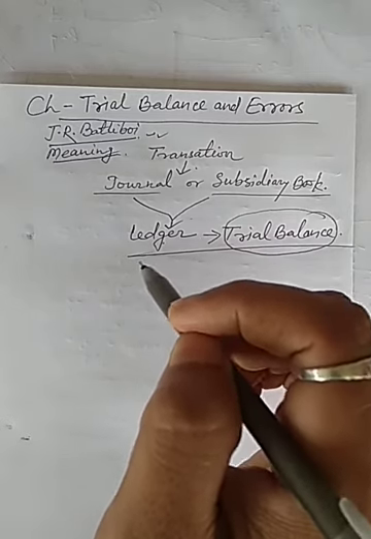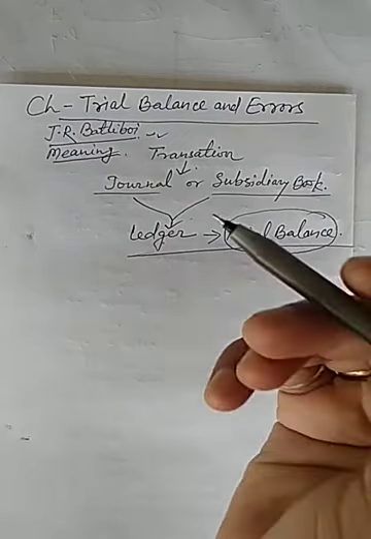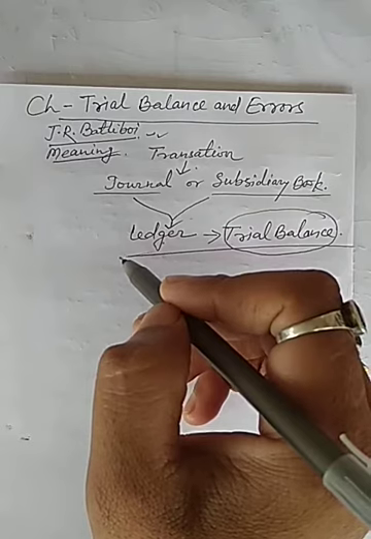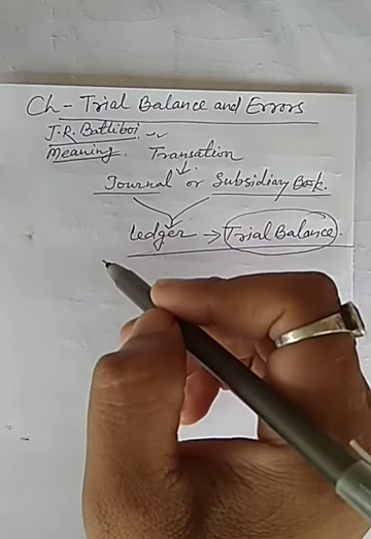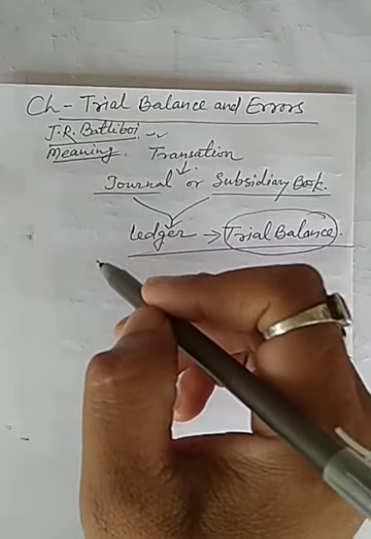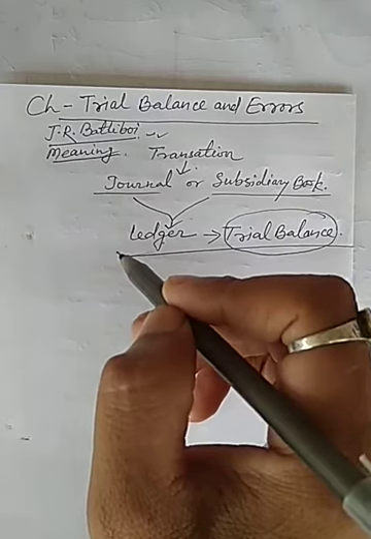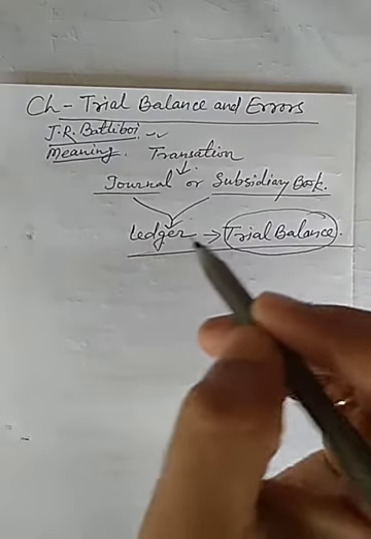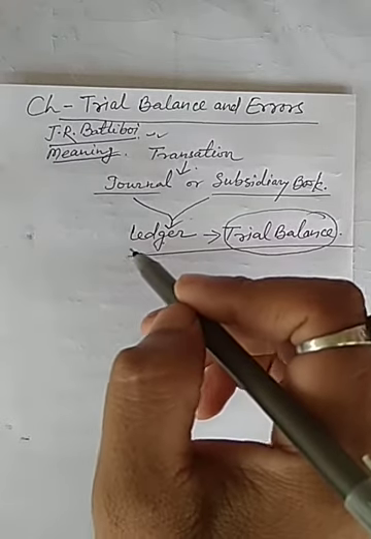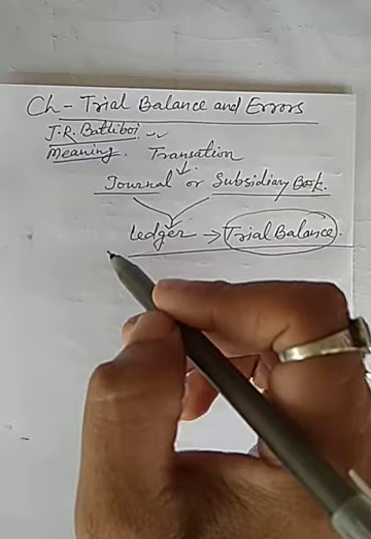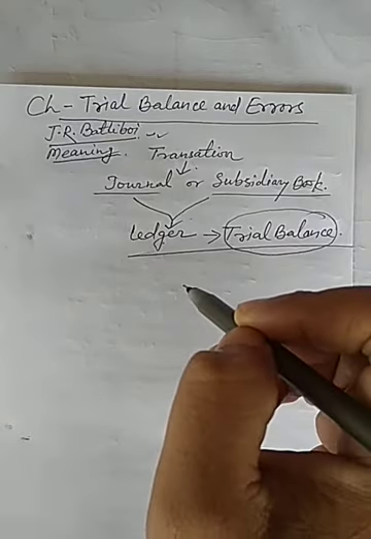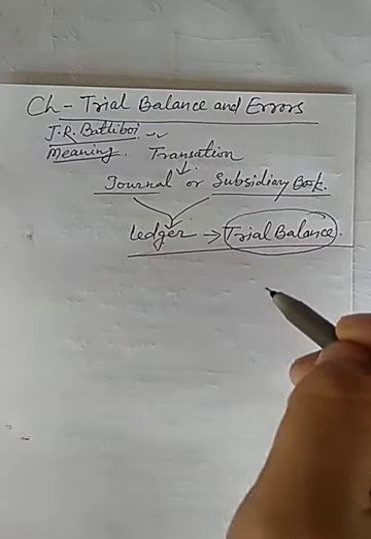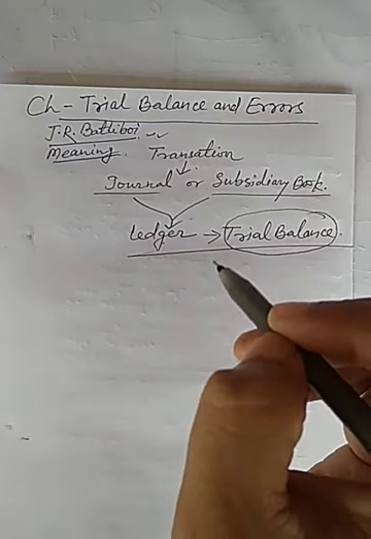Thus, the total of all the entries on the debit side of all the accounts must be equal to the total of all the entries on the credit side of all the accounts. If the total of both the sides of trial balance are equal, it is proved that the books are at least arithmetically correct.